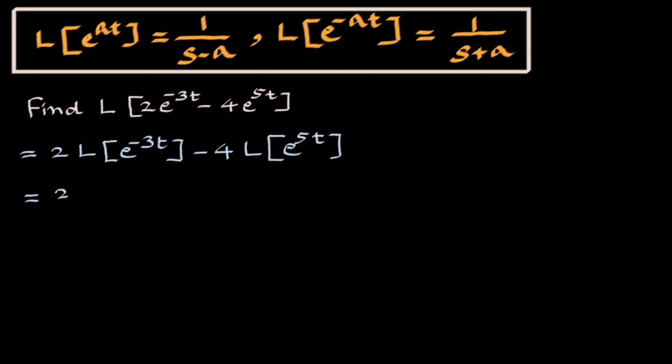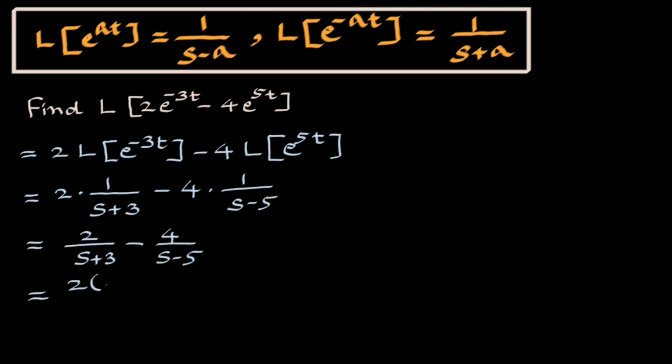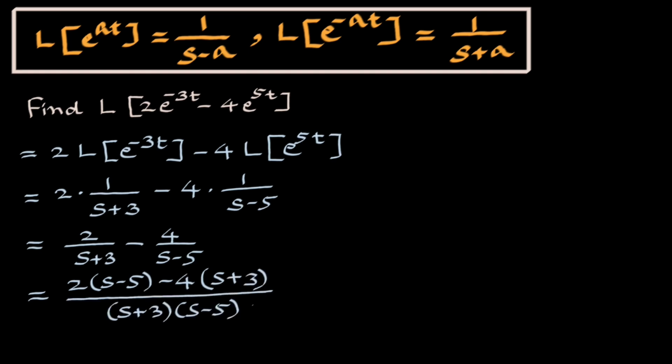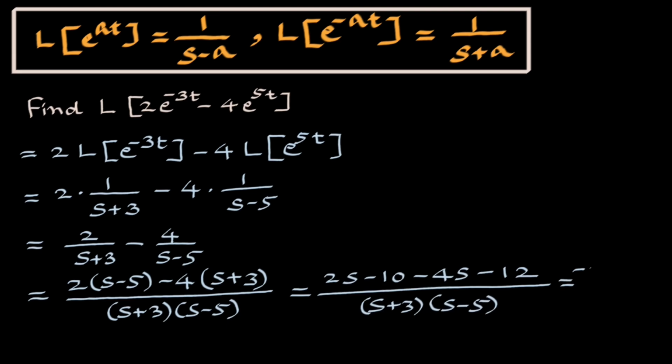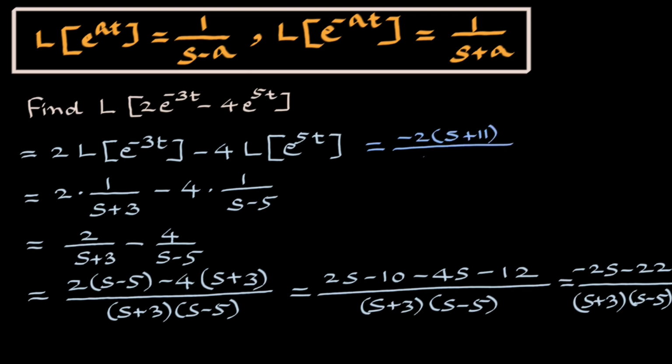This is 2 into 1 upon s plus 3 minus 4 into 1 upon s minus 5, 2 into s minus 5 minus 4 into s plus 3 upon s plus 3 into s minus 5, that equals minus 2s minus 22 upon s plus 3 into s minus 5. So finally the Laplace transform will be minus 2 into s plus 11 upon s plus 3 into s minus 5.